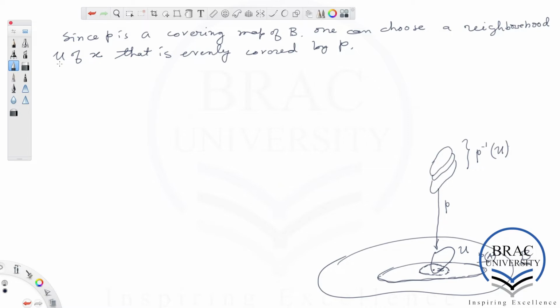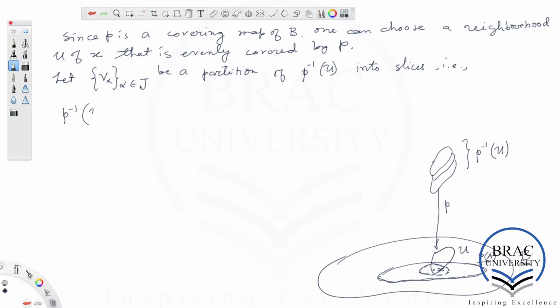Okay, so let V alpha in the index set J be a partition of P inverse U into slices, that is P inverse U is equal to the disjoint union of V alphas.